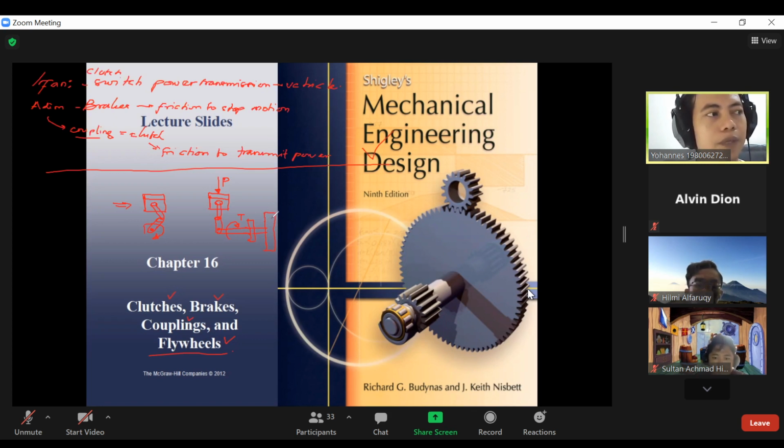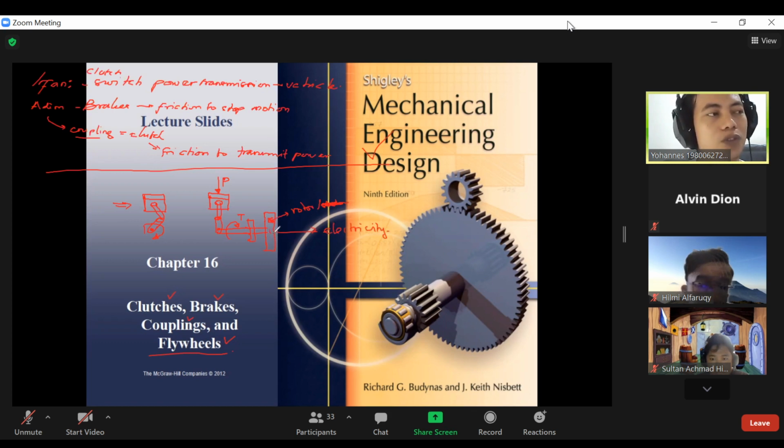But then people usually take advantage of this component by putting a rotor and stator to generate electricity. We call this a dynamo.